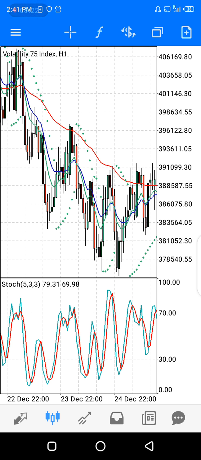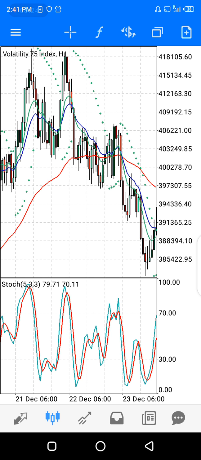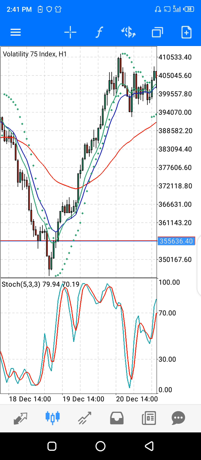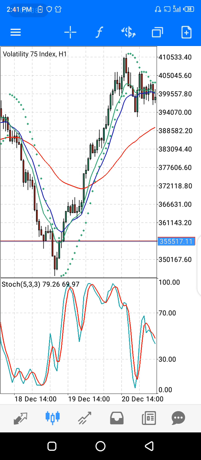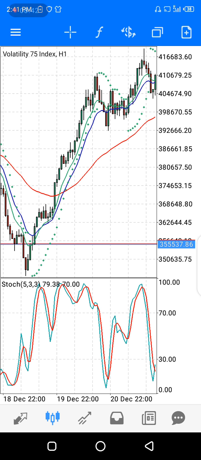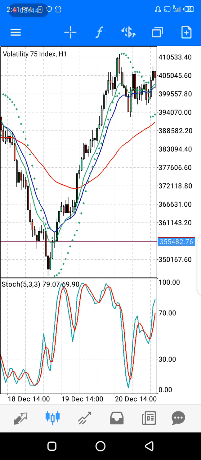Okay, I think this is okay. So here we have an example. We have a parabolic SAR that is below the candles here. Can you see it? The parabolic SAR is below the candles here. You can see that.